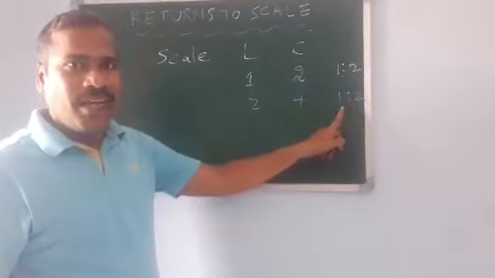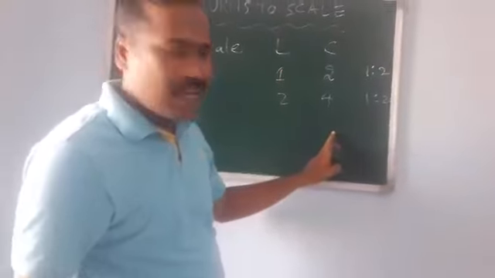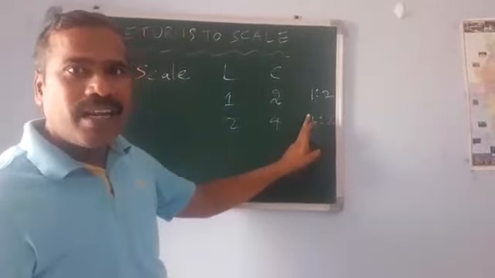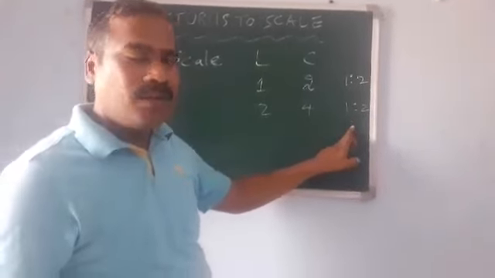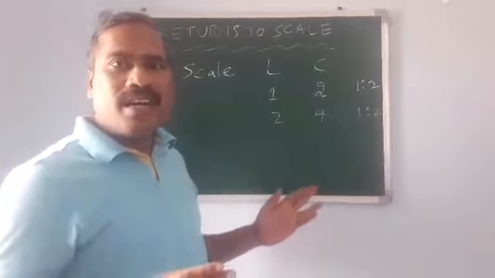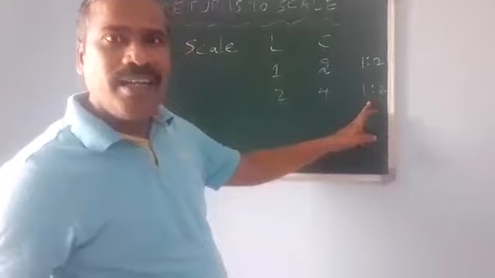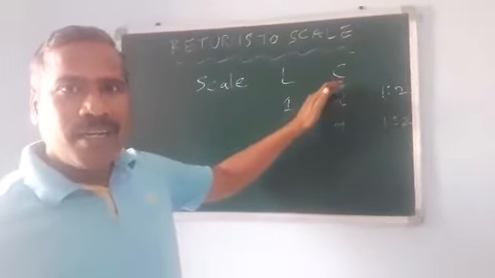Here we are increasing labor units and capital units, but the proportion between labor and capital is constant. So we keep a constant production scale. We are not altering the scale, but we are increasing labor and capital.